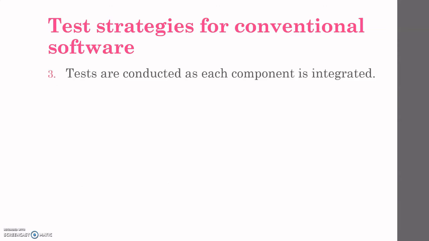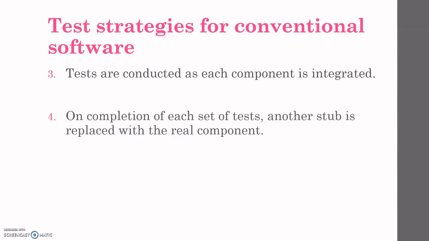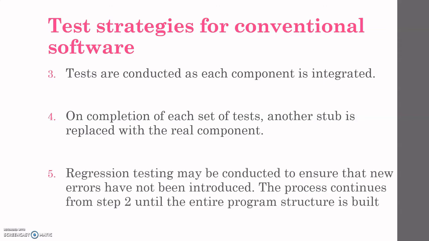Tests are conducted as each component is integrated. On completion of each set of tests, another stub is replaced with a real component. Regression test may be conducted to ensure that new errors have not been introduced. Regression testing I will be discussing in this episode itself, but in the later part. The process continues from step 2 until the entire program structure is built. After forming the structure, testing is completely done.